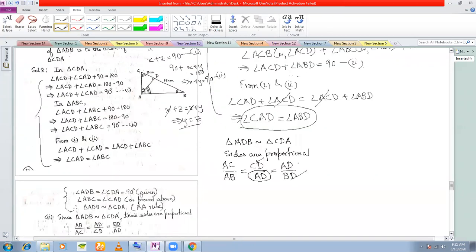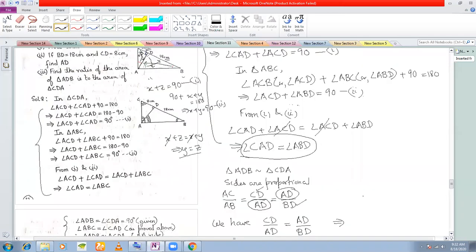Okay, AD. Fine. So we consider the second and the third equality. In order to find out AD, we have CD by AD is equal to AD by BD. So how much is the CD given here?